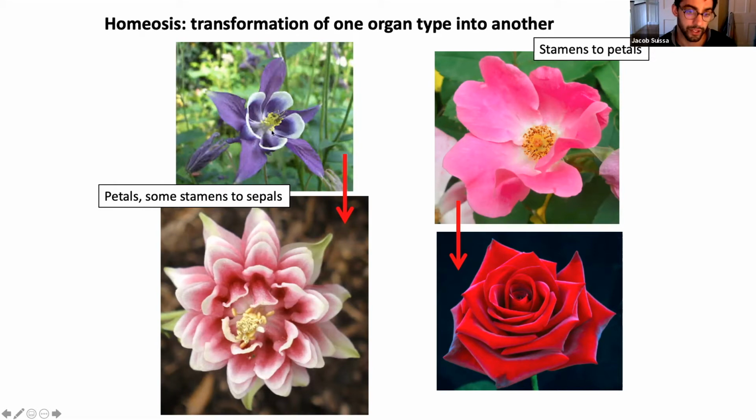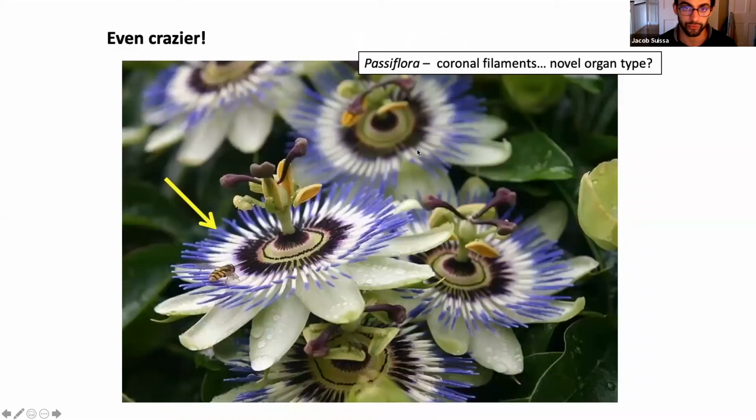So again, here they're doing the same thing with these petal whorls, and it creates what I think most humans, or some humans, would agree are relatively beautiful cultivars, but it's just this transformation of an organ type or organ whorl to another organ type.